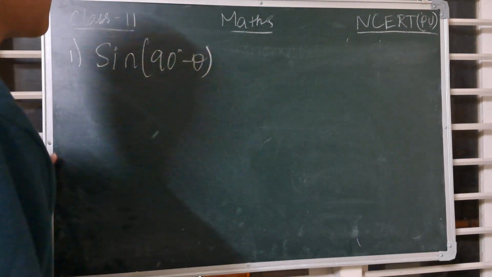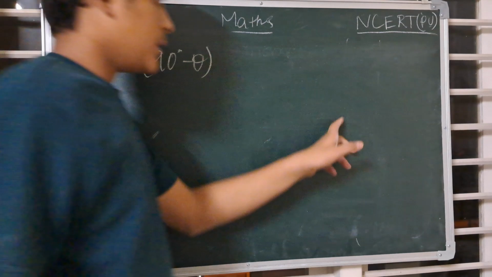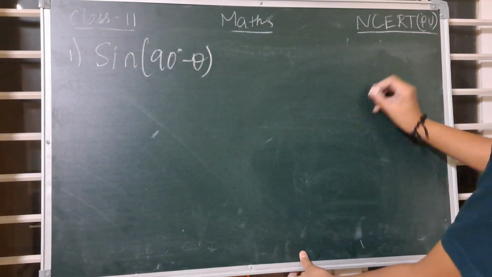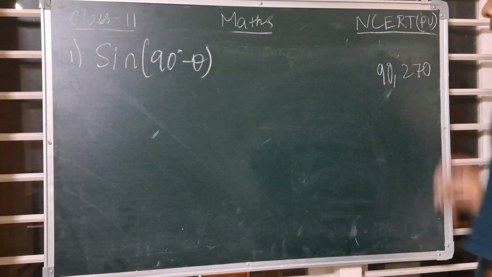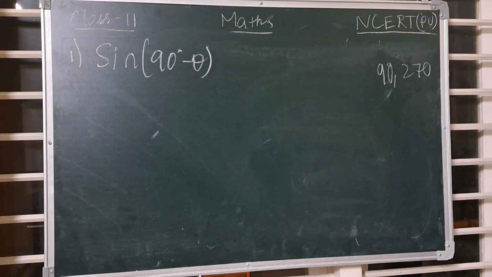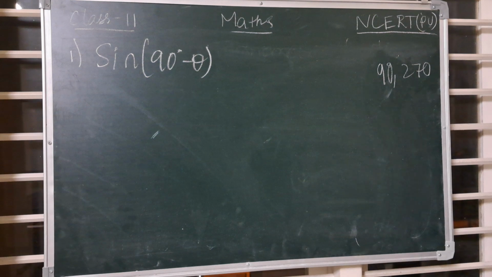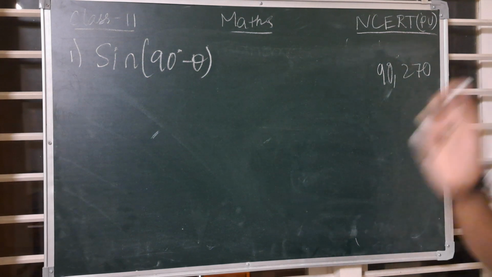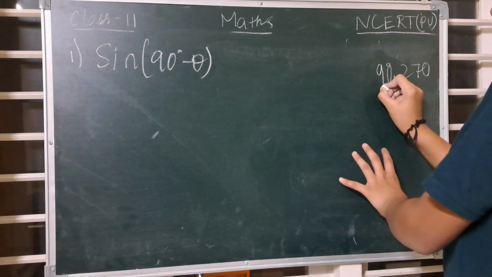Another notable thing: in 90 degree and 270 degree, all the ratios, that is sine, cos, tan, cosecant, secant and cot, change to their co-function ratio.